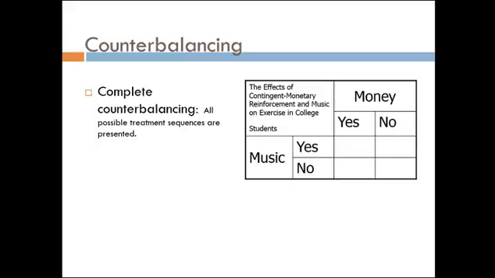In a complete counterbalancing, when you've got 4 conditions, let's call this upper left 1, upper right 2, lower left 3, lower right 4. Complete counterbalancing would require that every participant experience every possible combination of orders.